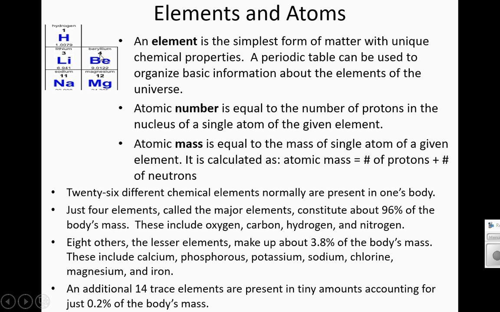Like 4 here for beryllium. Beryllium has 4 protons. And I just said that in a normal atom, these are all normal atoms, protons equal electrons. So atomic number not only tells you protons, it also tells you the number of electrons.